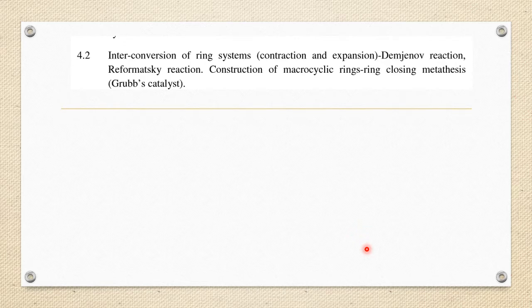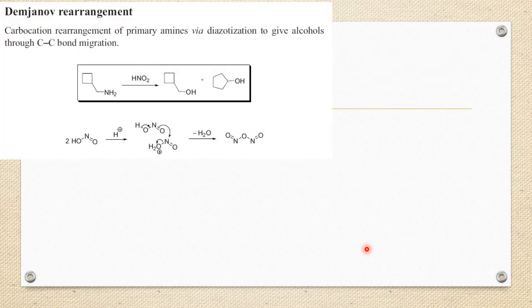Now we go to some specific ring making reactions, of which I don't know why people have put the Reformatsky reaction in this stage. We don't get cyclic compounds in Reformatsky, but since it's included in the syllabus, we learn it here. First one being the Demjanov reaction, wherein you find contraction and expansion of ring systems.